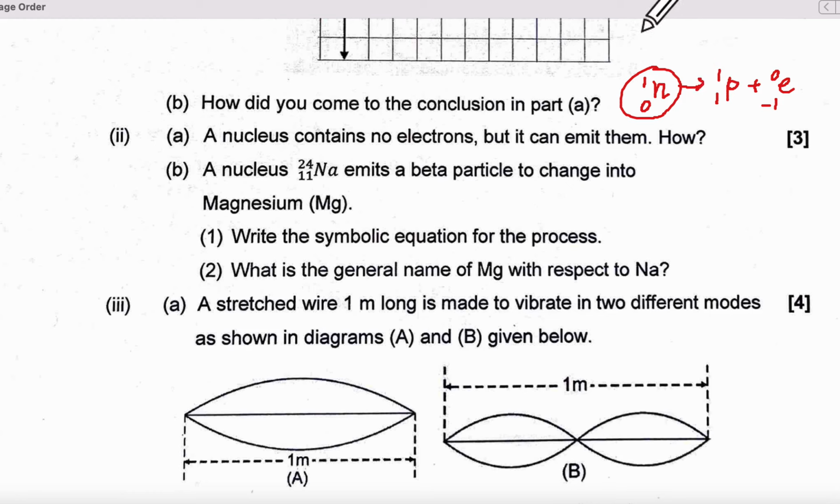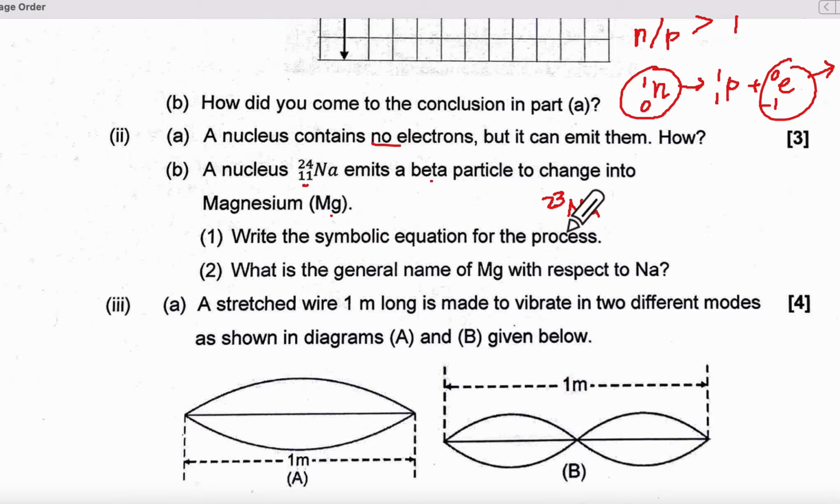When the neutron-proton ratio becomes more than 1, correct or no? That's the time one of the neutrons splits into a proton and an electron, and that electron is emitted as a beta particle, correct? You remember that? A nucleus emits a beta particle and changes to Mg. This is simple. What will we say?